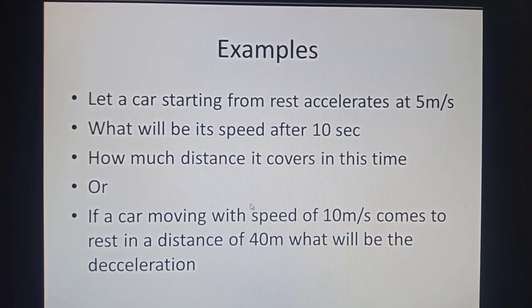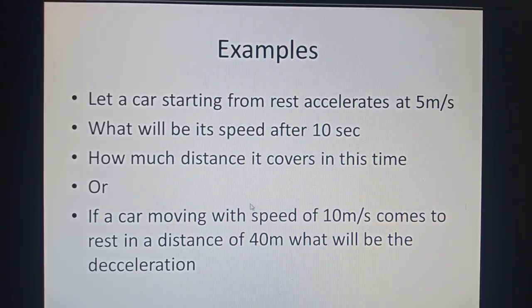Its value is the same, no matter whether the falling object is heavy or lighter. So the value of this constant acceleration is 9.8 meter per second square. Usually it is rounded off to 10 meter per second square, represented by small g and known as acceleration due to gravity.